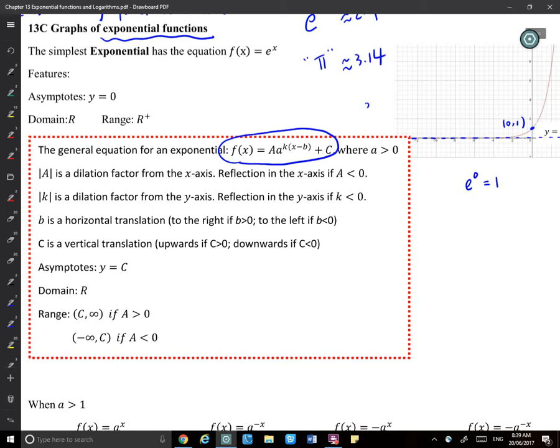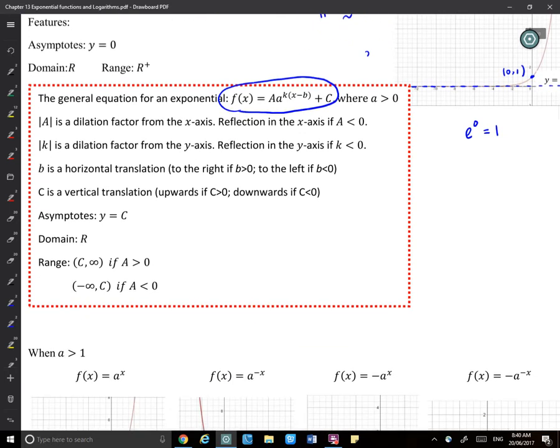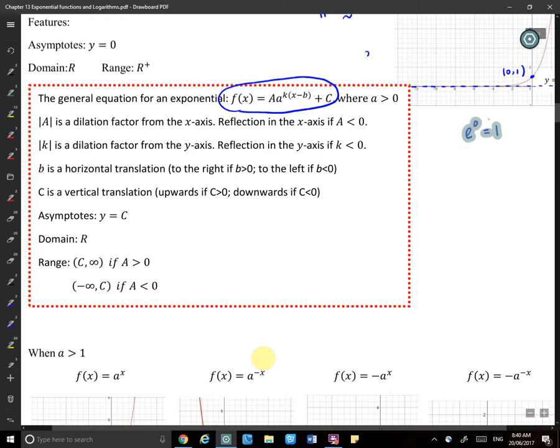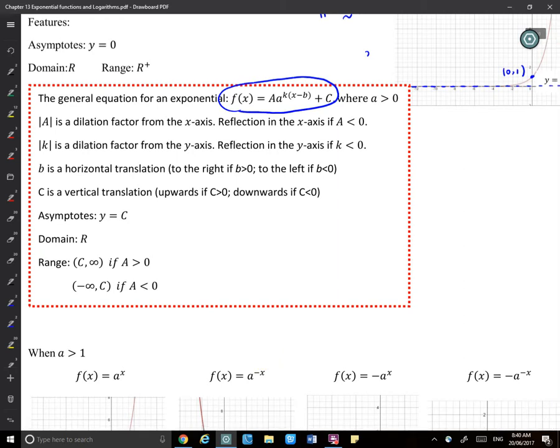You have capital A, k, b, and capital C values. The lowercase a is just a number, and this is the base. But all of these letters have an influence on the shape of the graph. The absolute value of capital A is the dilation factor from the x-axis.